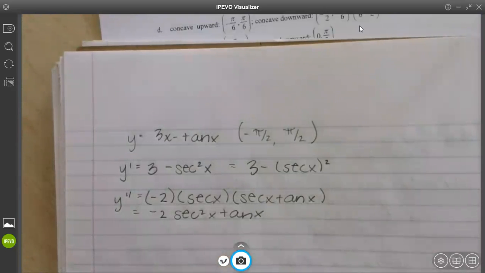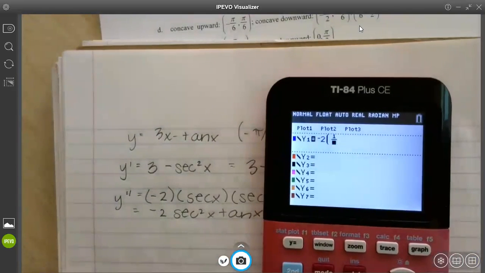What is secant squared x? What is secant? One over cosine x squared.